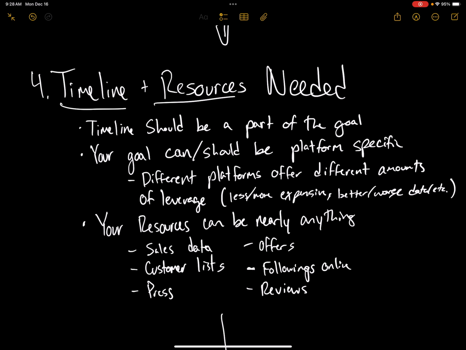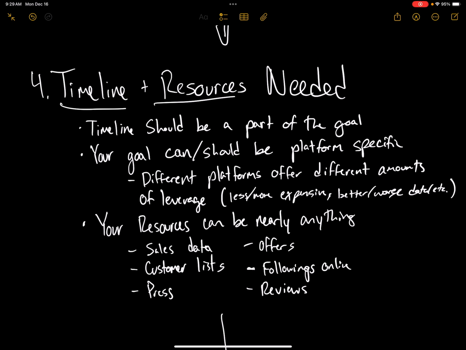So say for instance, my marketing goal is over the next 6 months, I want to optimize or reduce my advertising spend and maintain or increase the return, right? Each of these different platforms is going to offer a different customer acquisition cost. It's going to cost you a different amount to get someone new into your business, right? If you just lump them all up and throw them together, it's not going to be very effective, because where you might be able to succeed on some platforms, you may fail on others.